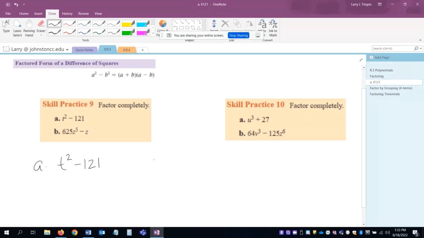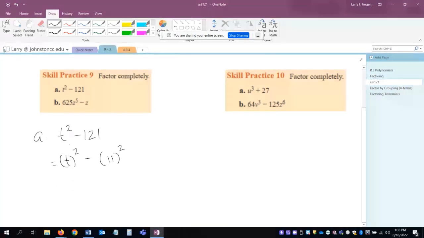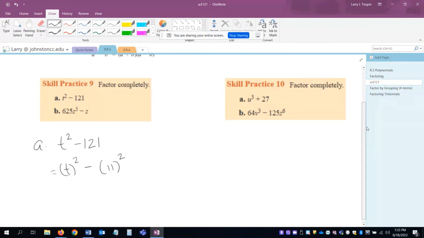Well, square root of t squared is t, right? So I'm saying that this looks like t squared minus 121 is the square of 11. Okay. And once I know that, now I just need to follow the pattern.